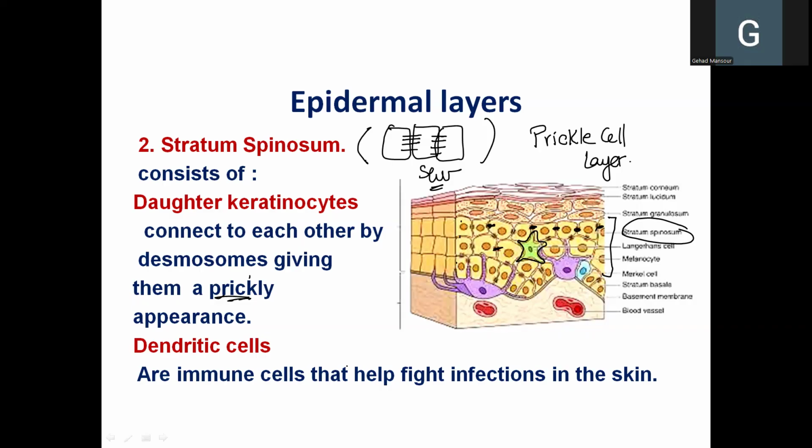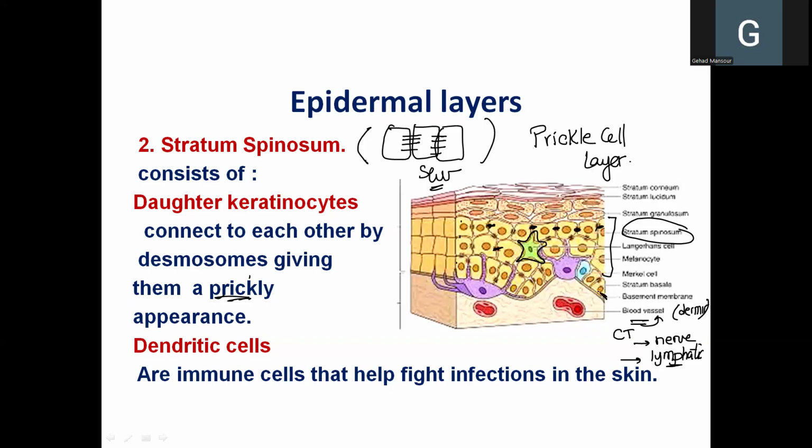I think the Merkel cells appear purple on the slides. Let's check the labeling on the diagram. We have the blood vessels in the dermis. As I told you before, the dermis is nothing but connective tissue together with blood vessels, nerve fibers and lymphatics. The blood vessels are arteries and veins, and whenever we have veins, we have lymphatics nearby.